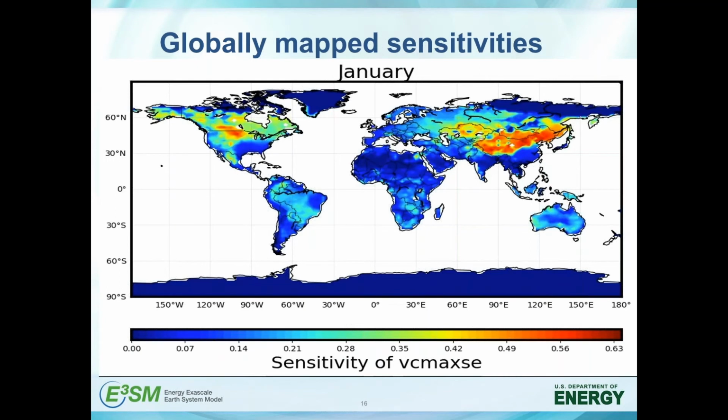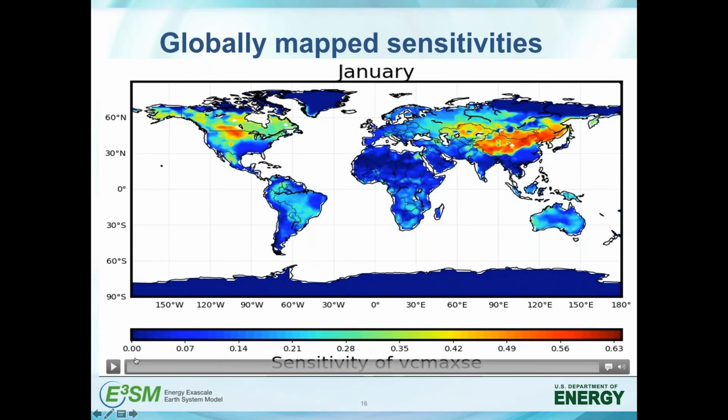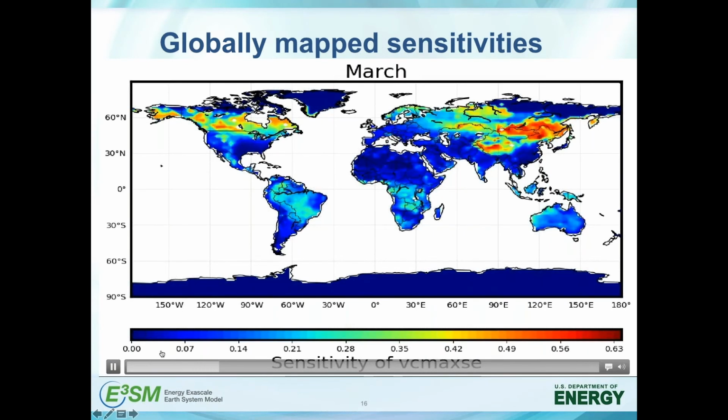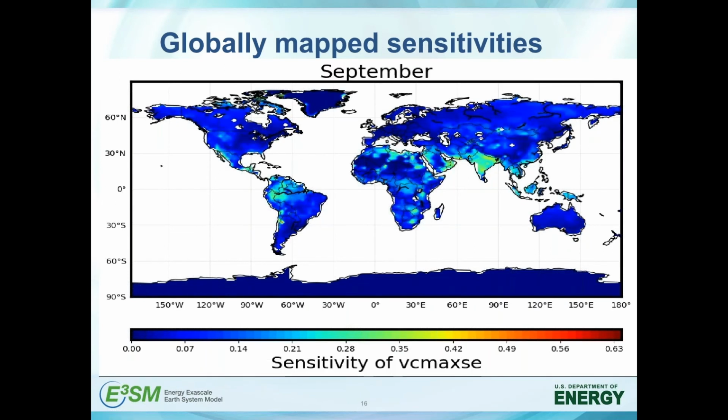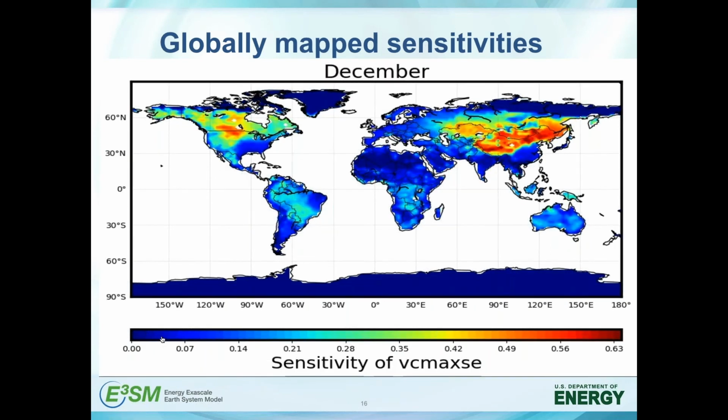The next one is the VCmax SE, so the temperature sensitivity, controlling the temperature optimum of VCmax. And so you can see that parameter quite important in the early season in the Northern Hemisphere.